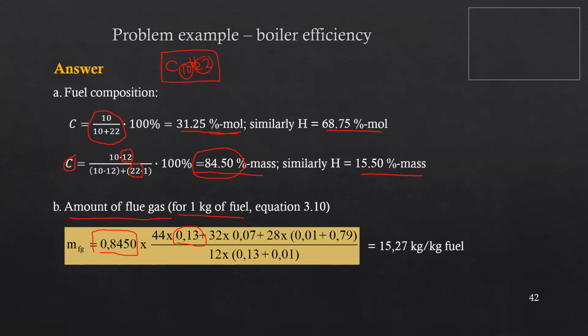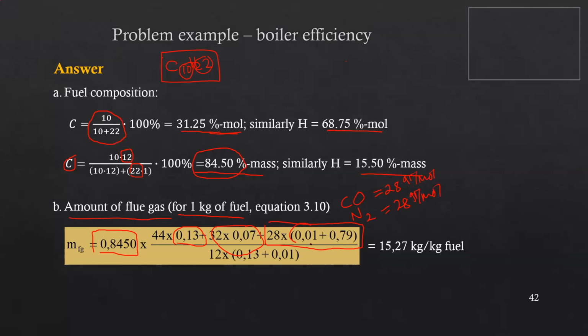And this one we merge. Why do we merge it? Because the nitrogen and CO have the same molecular weight. The molecular weight of these two is 28 grams per mole. This one is also the same.